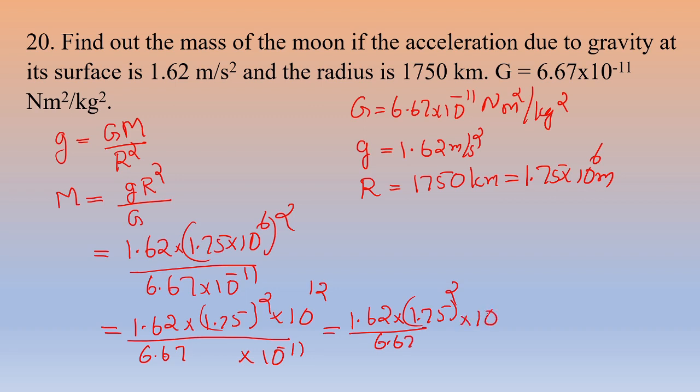When 10 raised to negative 11 comes into the numerator, it becomes 10 raised to plus 11, so the power of 10 becomes 10 raised to 23. After the calculation, you will get the mass of the moon equal to 7.44 into 10 raised to 22 kilogram.